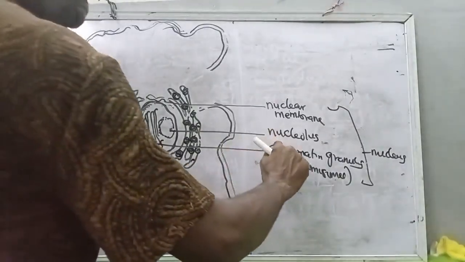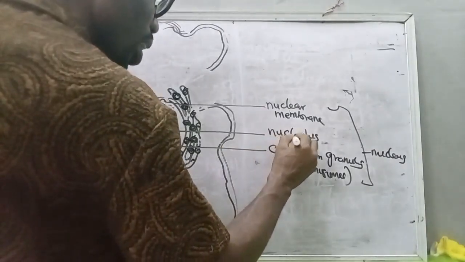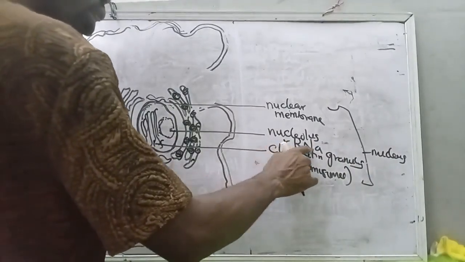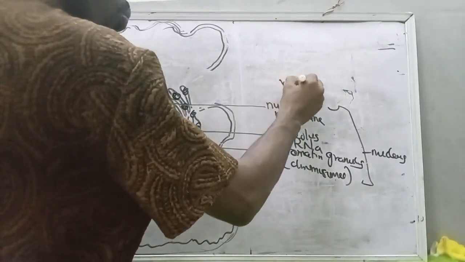What is the function of the nucleolus? The nucleolus produces what we call rRNA, that is ribosomal ribonucleic acid. Take notes.